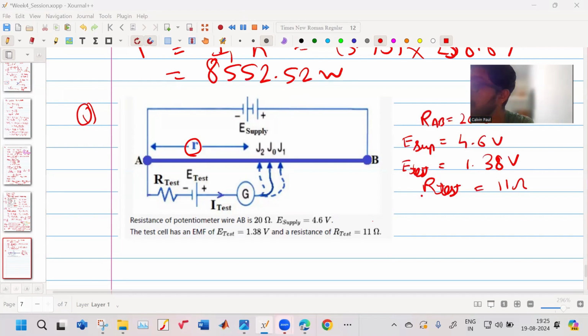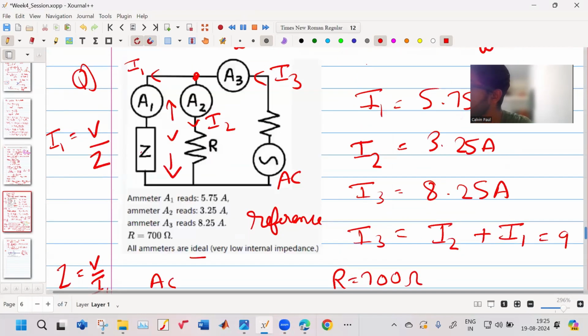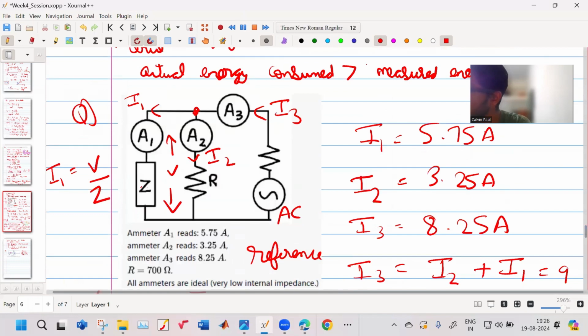How to find V value? Okay, Muthu is asking how to find the V value. So in the previous question, we know I2 is given to be 3.25 ampere, right? And we also have been given R as 700 ohm.